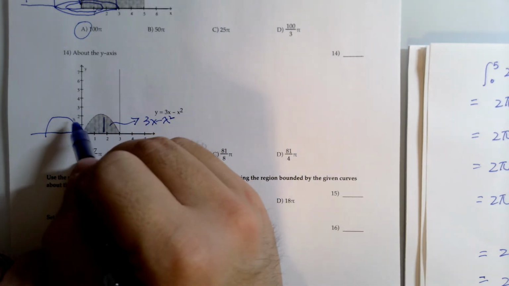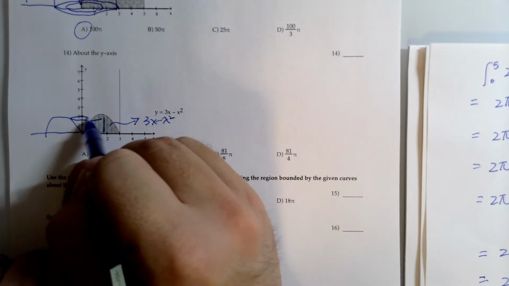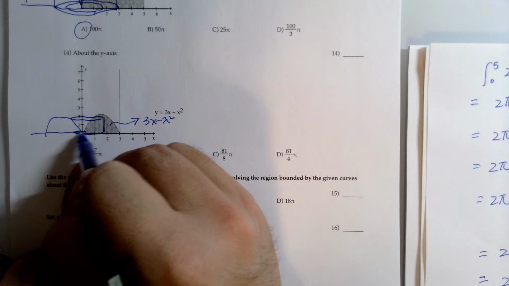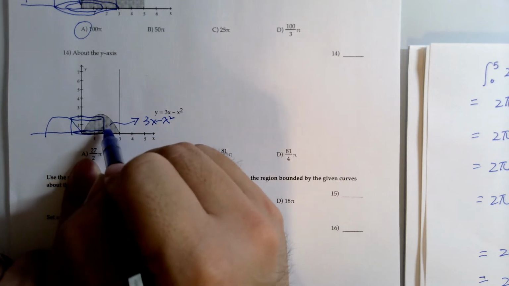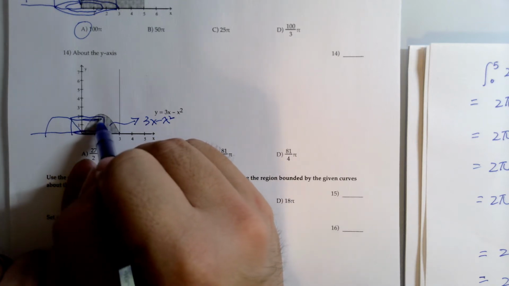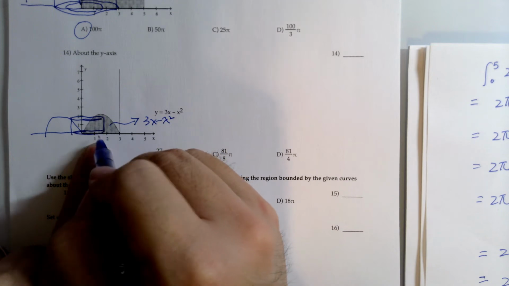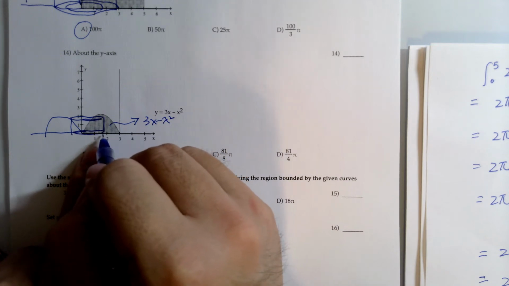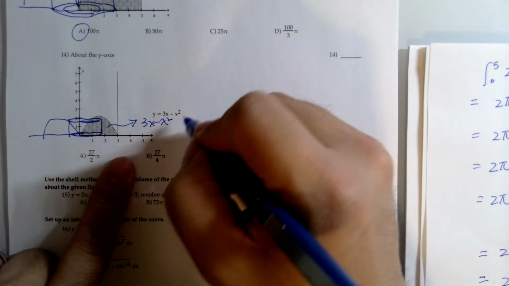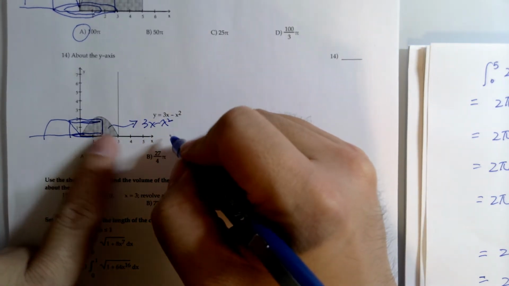Because again, when you're trying to form one shell, you need to find the height, the radius, and the thickness, which in this case is dx. So the height is this, and the radius is x.